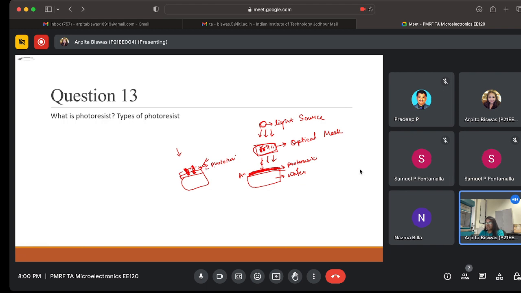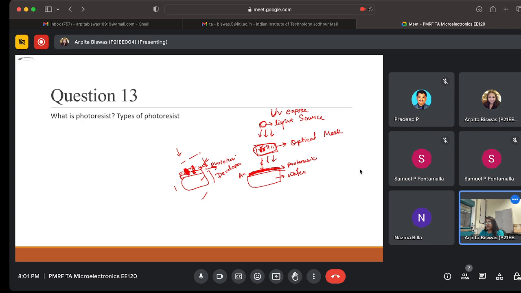When you dip into the developer solution after the UV exposure, the portion covered by the opaque part stays because it is light sensitive, and the other portion where the mask is transparent will be gone.